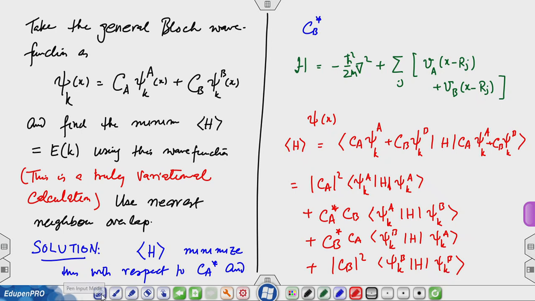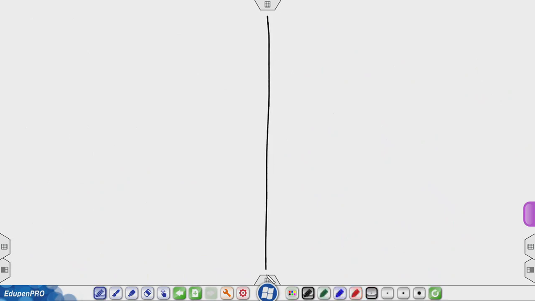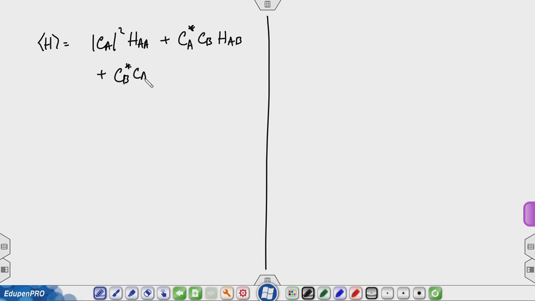So, what we have now, the standard procedure, is that the expectation value of H is given as mod C_A square times the expectation value with respect to psi_A, which I am going to call H_AA, plus C_A star C_B H_AB plus C_B star C_A H_BA plus mod C_B square H_BB.